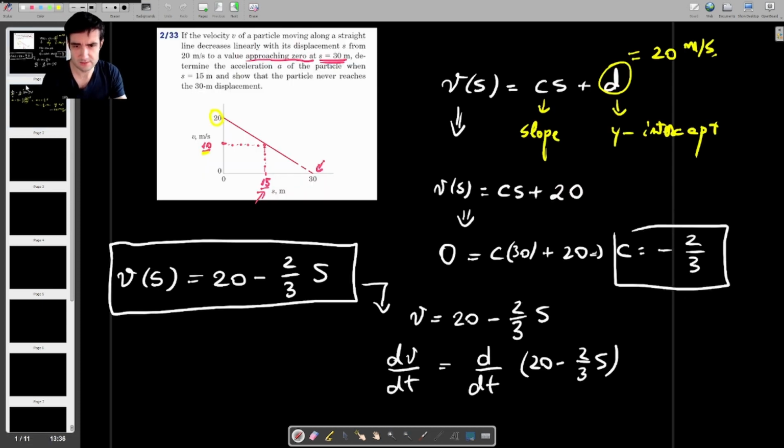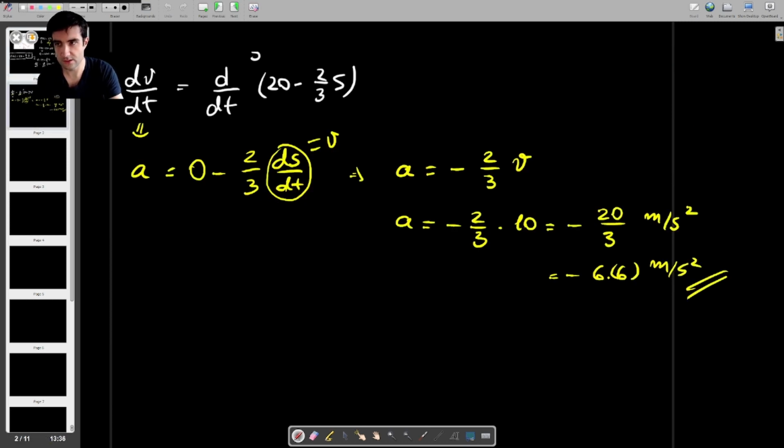And you can actually tell straight away that this object is decelerating because its velocity decreases all the time. Now, the second part of the question is asking us to look at the fact that the particle never reaches the 30-meter displacement. So what I would do in this case is use the original equation for velocity.